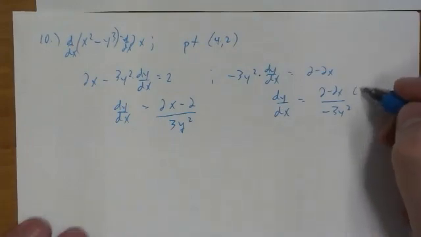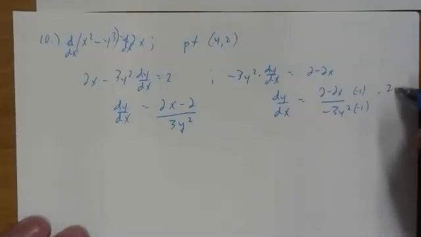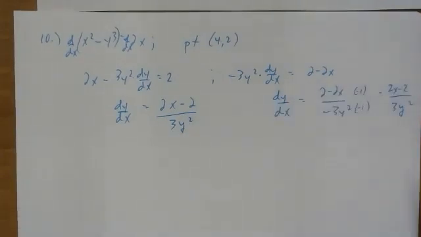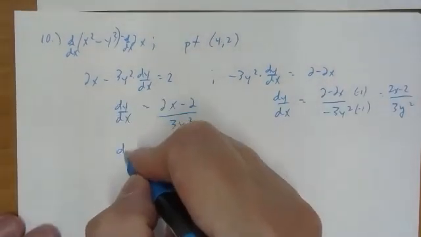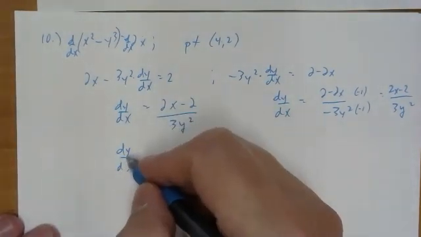And if I happen to multiply top and bottom by minus 1, I get rid of a lot of the negatives. And you get that. So now this is my derivative, or my slope.